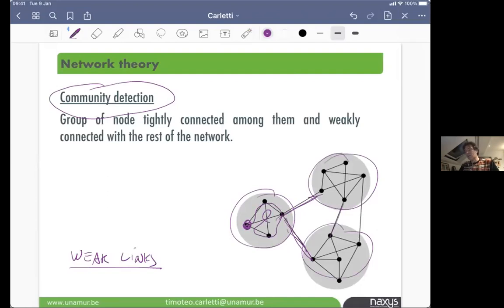But once the virus has jumped to this one, then it will spread again to the others. So if you look at the time series, you will see something like plateaus, because the virus is, say, discovering new communities in the network. This idea of community is very important because in some sense it drives the dynamics on the network.